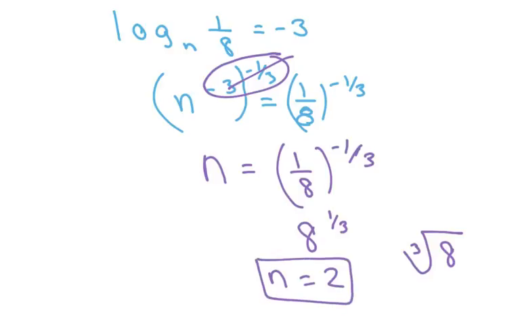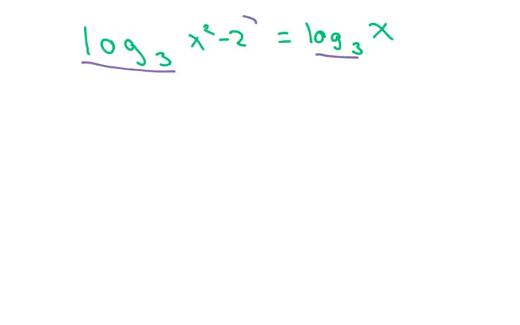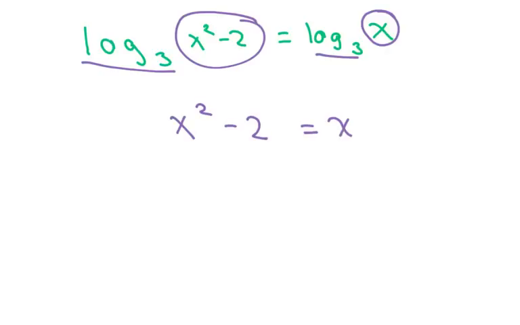Okay? And let's do one with the square in it, and that will be it. Log base 3 of x squared minus 2 equals log base 3 of x. Since my bases are the same, I'm just going to solve here. And you get x squared minus 2 equals x.